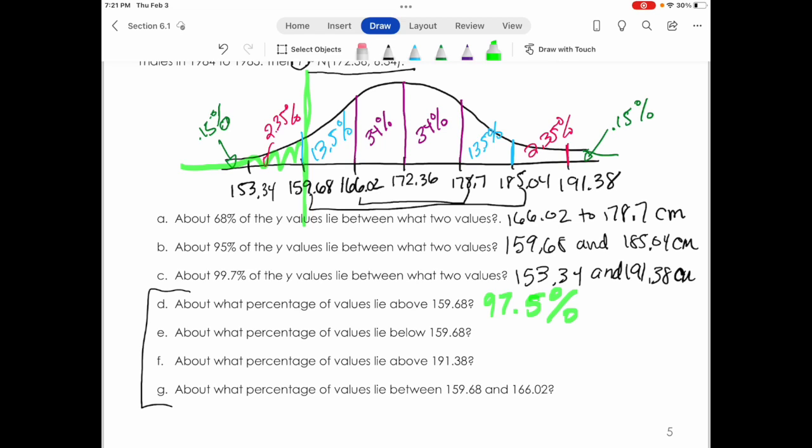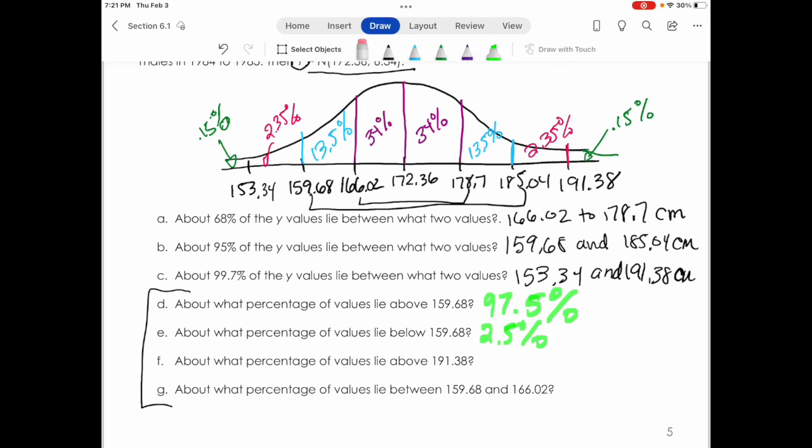I know that the full graph contains 100%, so I could take 100% minus what lies above, which is 97.5, and I would get 2.5%. Or the other way I could do it is just add up the 2 slices of that graph, which is 0.15 and 2.35, which again gives me 2.5. So either way, it's fine.